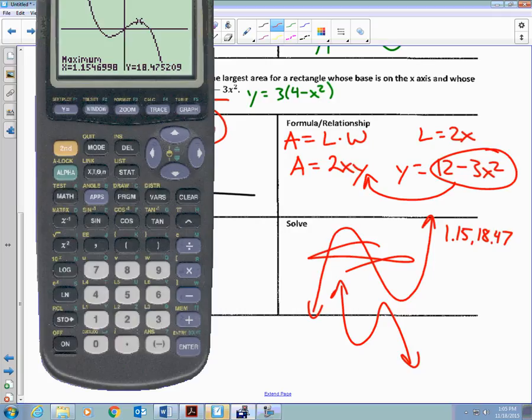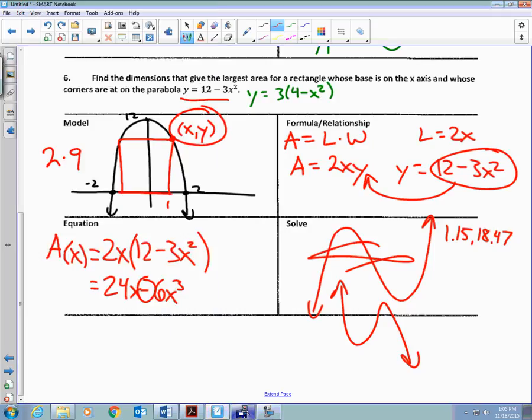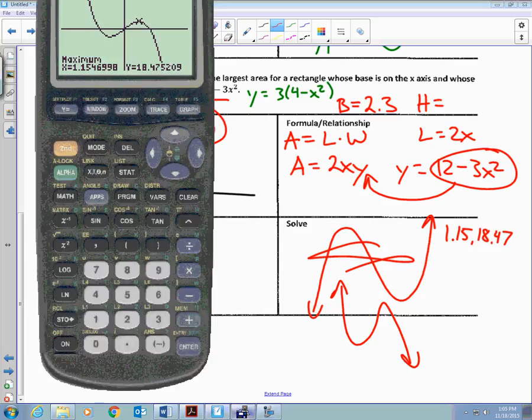What does the question ask? Dimensions. If x is 1.15, what is the length of the base? 2.3. It's twice that, right? And then how would I find the height? Plug in 1.15 to your function.